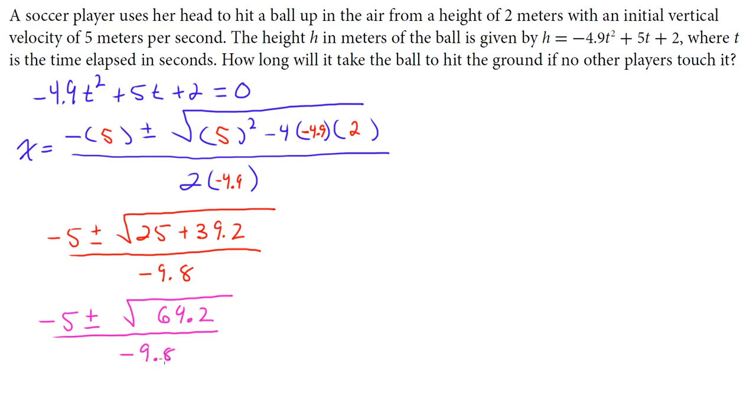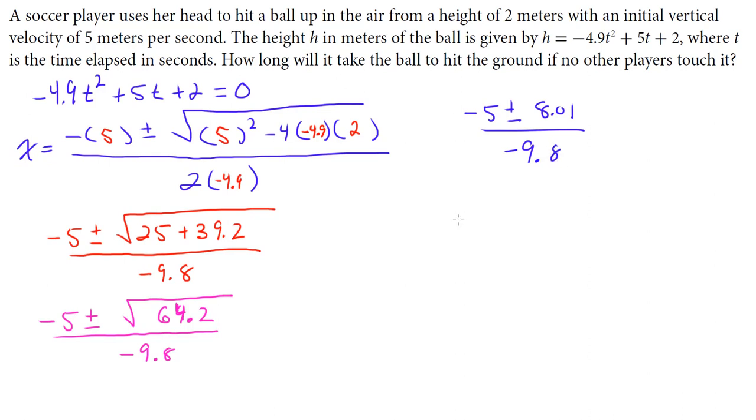And when we get the square root of 64.2 and round it to the nearest hundredth, we get 8.01. So now we have negative 5 plus or minus 8.01 divided by negative 9.8.